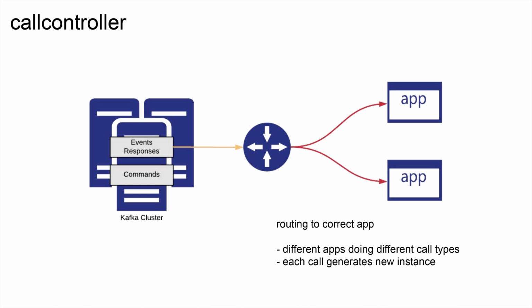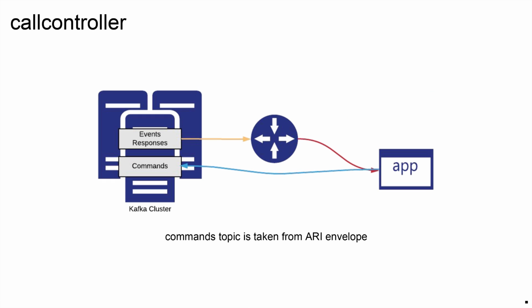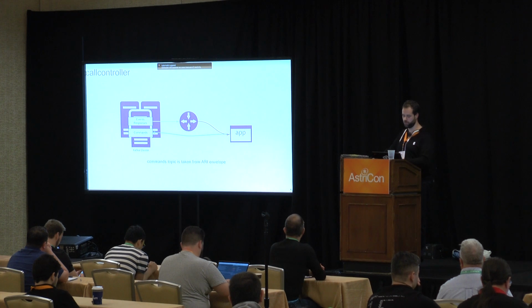It's just routing messages and commands in both directions. Commands coming from the app go nearly directly to the commands topic. There is a small actor in between, figuring out which Asterisk or which topic this command belongs to, so it just chooses the commands topic and sends out the command.